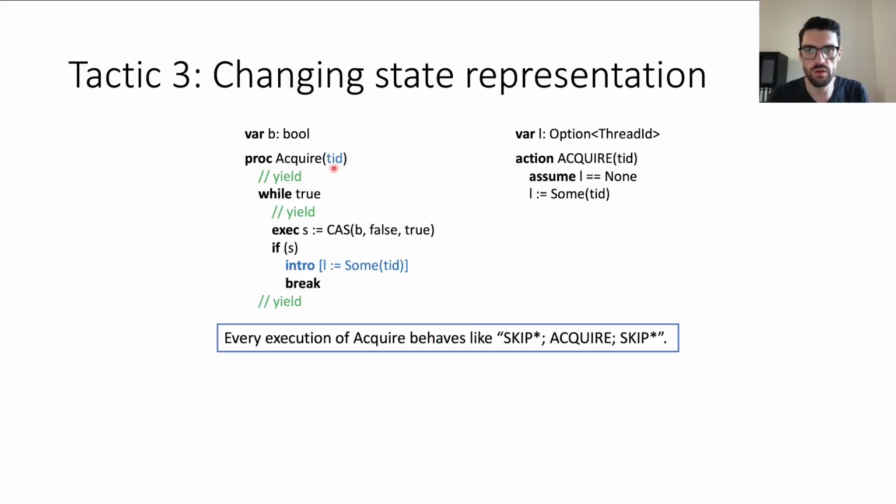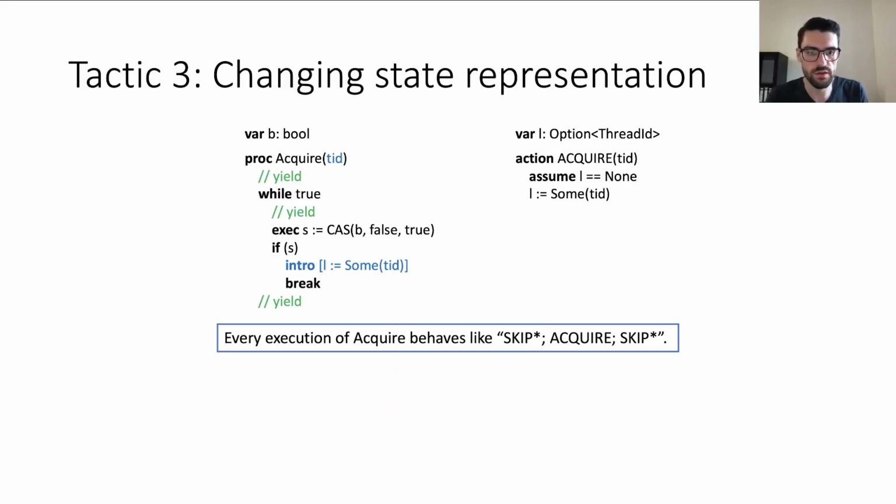So we get this introduced local parameter, and then the programmer can also specify special atomic actions that are called introduction actions. Here in this example, whenever we have a successful compare and swap operation, we also do the update to the corresponding abstract L variable to set it to some thread ID.